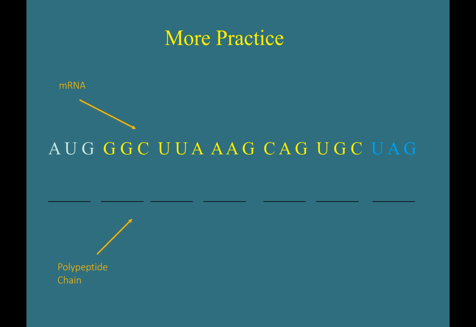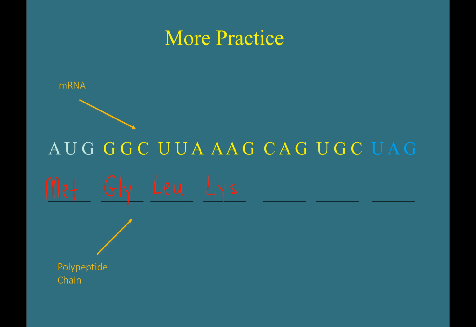So let's see what we got. AUG, I already know is MET. I mean, kind of memorize that one. That's an easy one. And again, GGC is going to be glycine, GLY. UUA is going to be leucine, LEU. And AAG is going to be lysine, LYS.